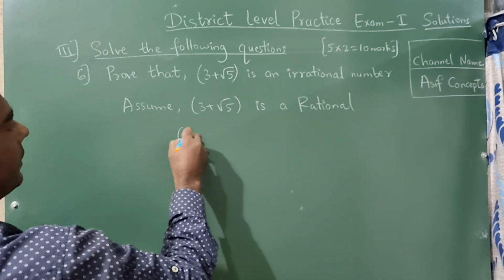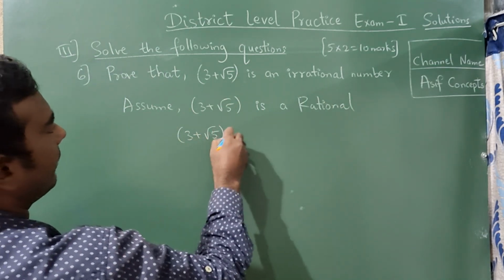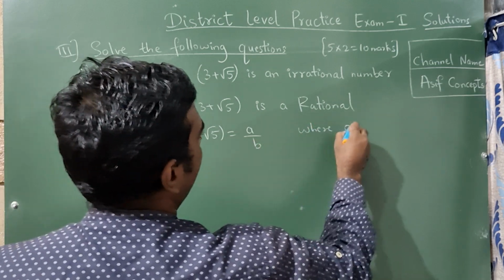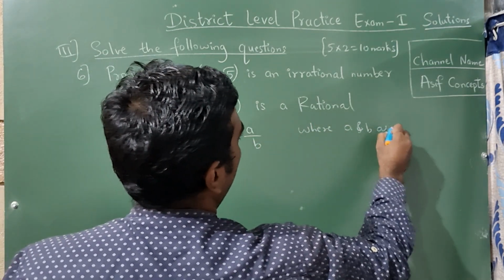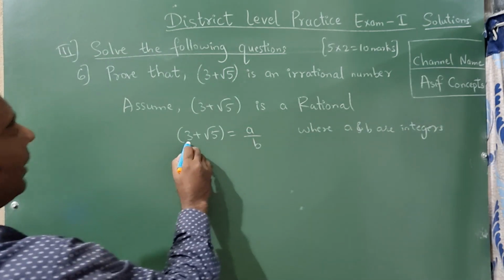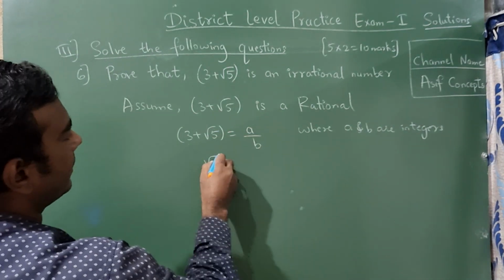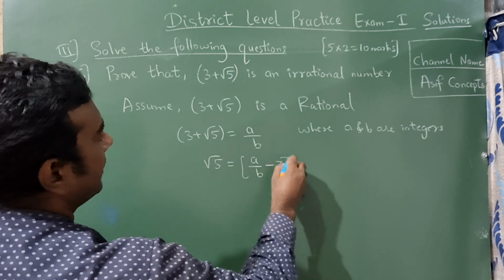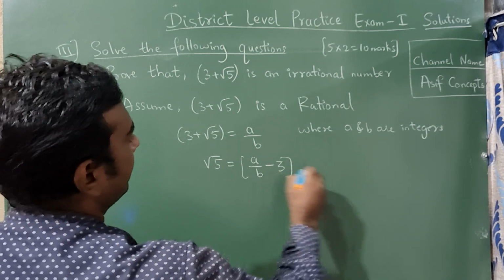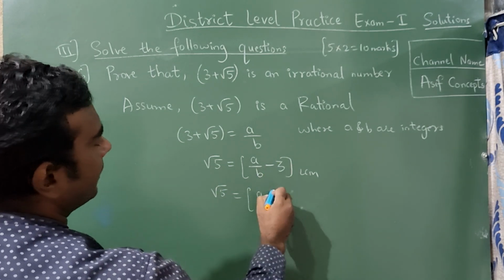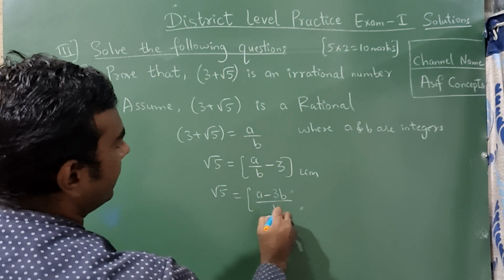Now here 3 plus root 5 is equal to a by b, where a and b are integers. Fine. Now I'm going to take this 3 on the right hand side. Write this root 5 as it is, a by b minus 3. Now take LCM. So root 5 is equal to a minus 3 into b divided by b.